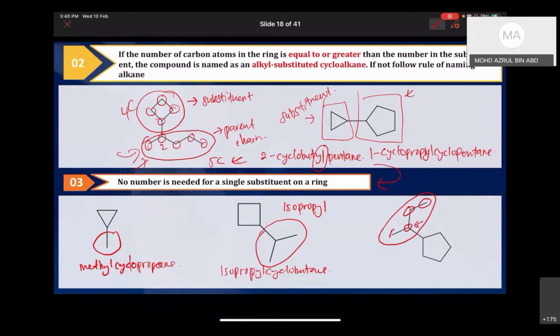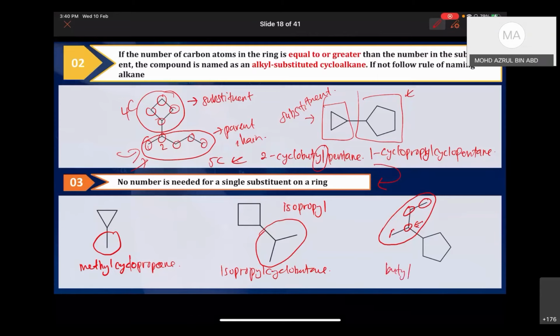So what can we name it? If there are 4 carbons, what is the name? Butane, right? Okay, butane. However, since this one is a substituent, we name it butyl.